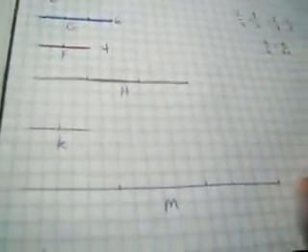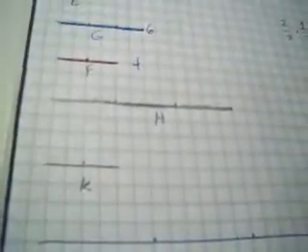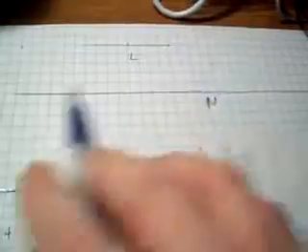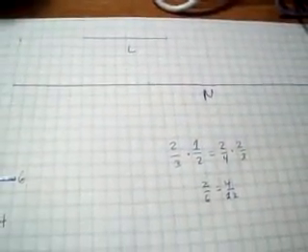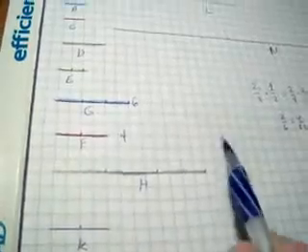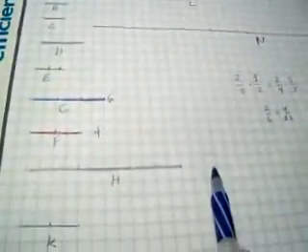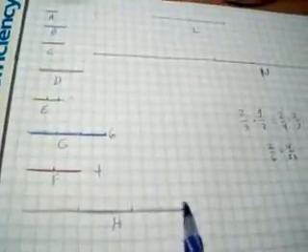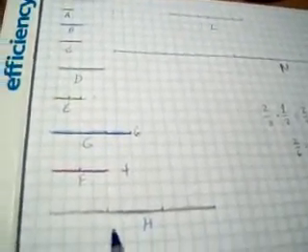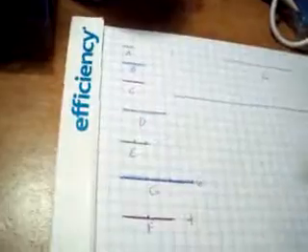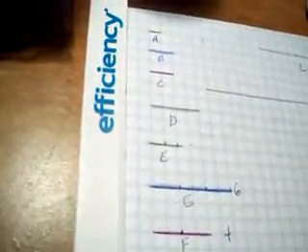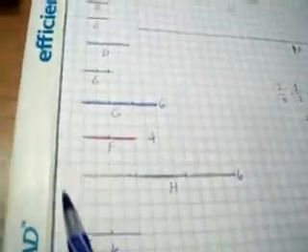Alright? Now, what about N? N here is going to be 3 times the size of H, right here. N is going to be 3 times the size of H. Now, H is already 3 times the size of D. So, H is going to be 6 inches long.